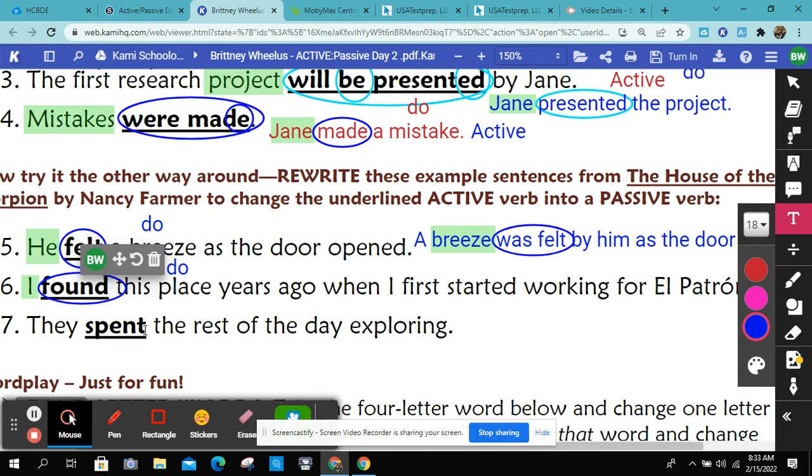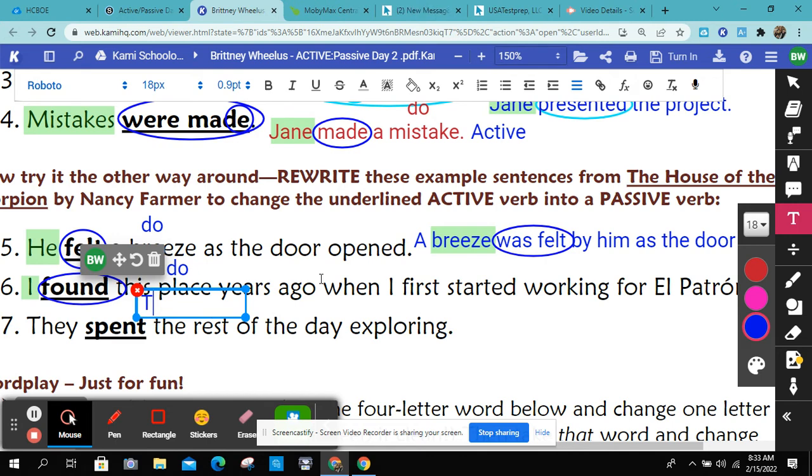The subject is going to be place. It's not, I found this place, but this place was. This place was found by me. All right, this place was found by me, okay?